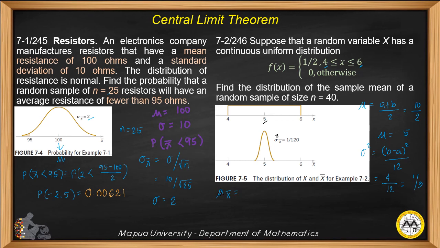The mean of x bar is equal to the mean, which is 5, and the variance of x bar is 1 over 3 divided by n, which is 40. That's why it is 1 over 120. So that's the distribution of the sample mean.